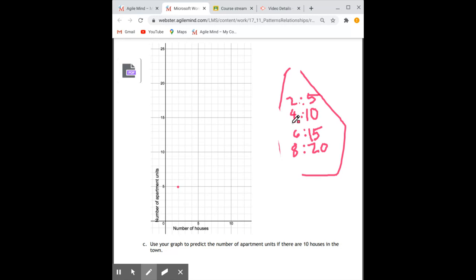All right. Kalia, how would I do 4 to 10? Go over 4 and go up to 10. There we go. All right. How would I do the next one, Kaylee?